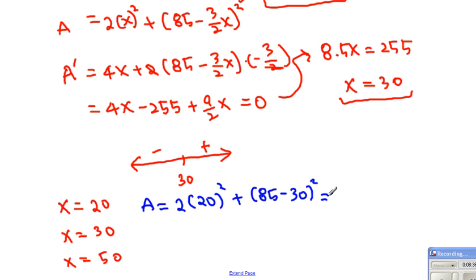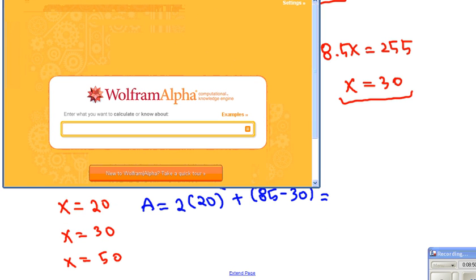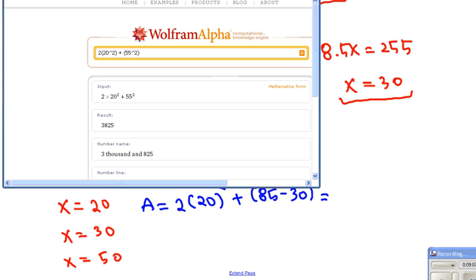So we end up with 400 and 800. Basically 2 times 20 squared plus 55 squared, which gives 3825. All right.